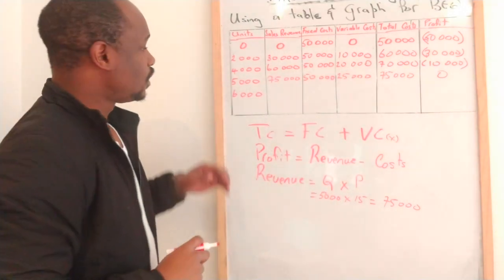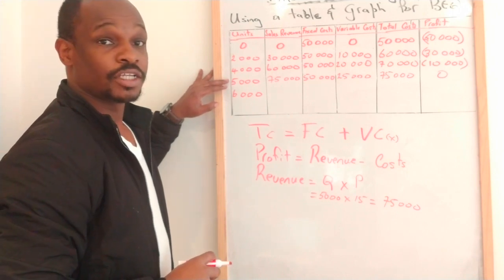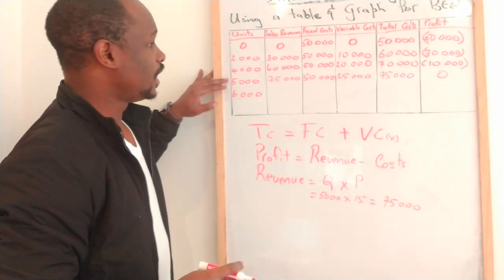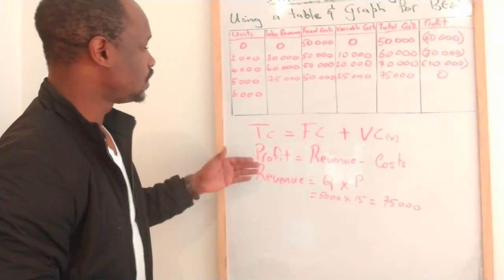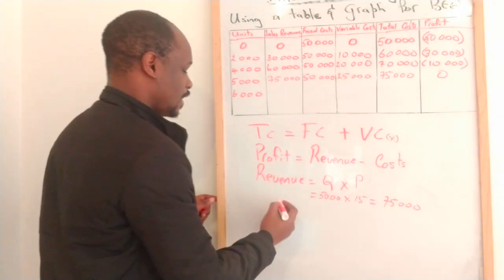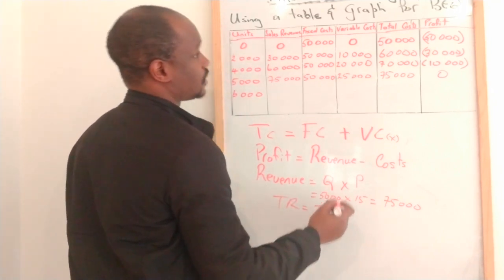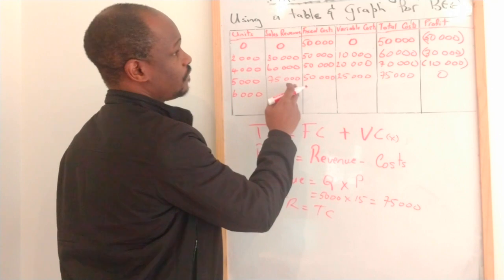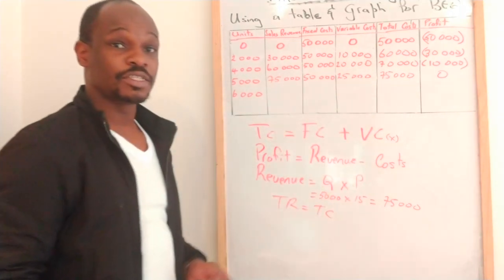We would need to have 5,000 units on the market which are fully sold in order to recover our cost of 75,000. So this is where we're seeing the total revenue equals the total cost. So total revenue, which is 75, and our total cost is 75. So that is the break even.